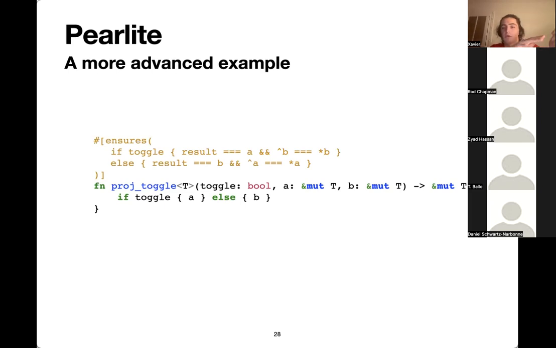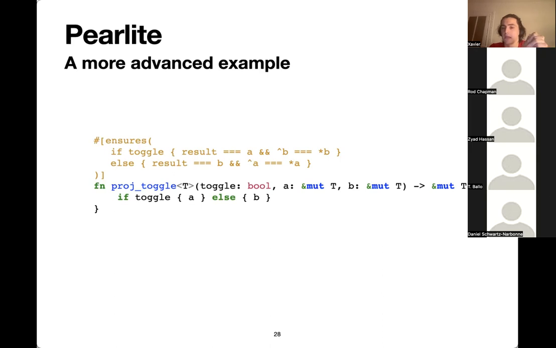What we're going to say is, if toggle is true, we're going to return A. So the result of the function is A, and here the result is the borrow. It's everything about A. We're not just saying the current value pointed to by the result is the current value of A. We're saying the result is the pointer A, the borrow A.